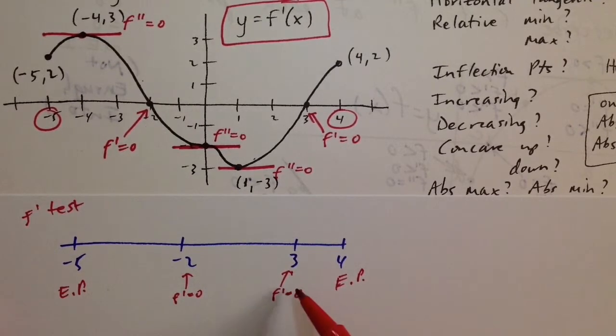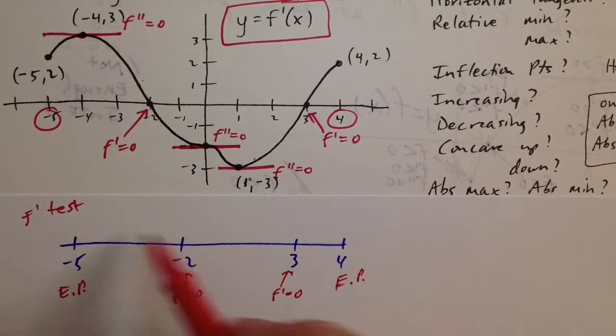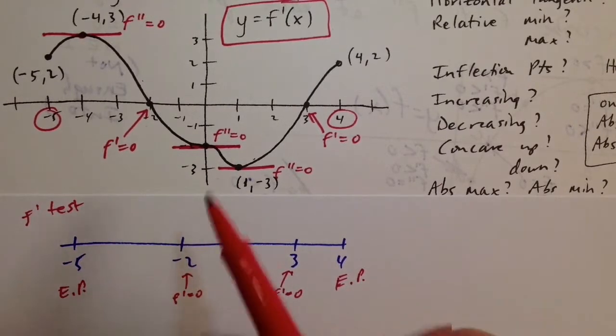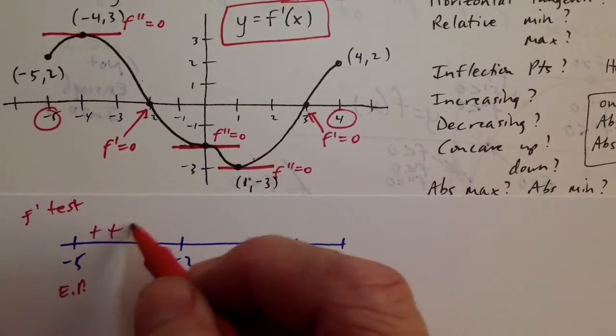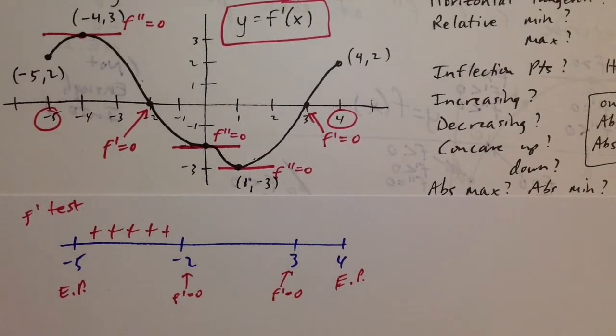On the interval from negative 5 to negative 2, f prime is positive because f prime is above the x-axis. Between negative 2 and 3, f prime is below the x-axis, so f prime is negative. Between 3 and 4, f prime is above the x-axis, so it's positive.